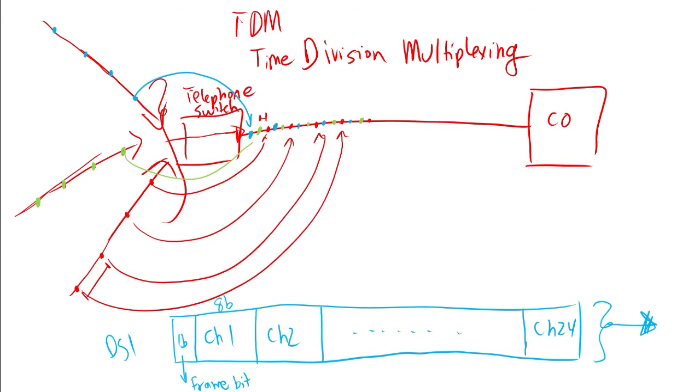So if you think about it, as I said earlier, we have a 4 kilohertz voice, which is 8,000 samples per second. So what we need is 125 microseconds per sample.